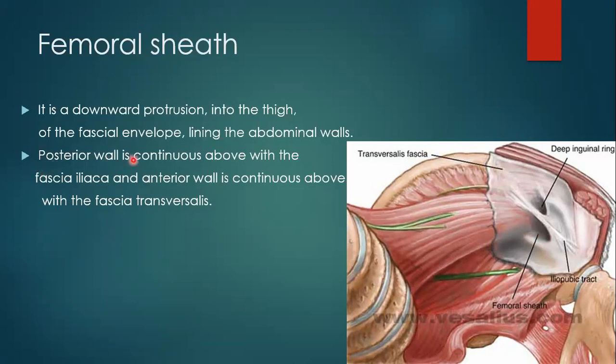The posterior wall of this sheath is continuous above with the fascia iliaca. This is the iliacus muscle, and the fascia over it is the fascia iliaca. While the anterior wall is continuous above with the fascia transversalis. This is the transversus abdominis muscle, and this is the transversalis fascia, and this forms the anterior wall of the sheath.